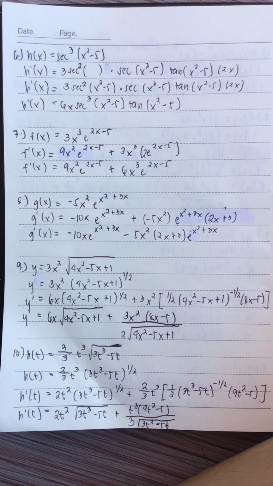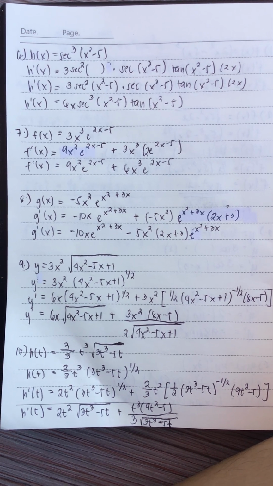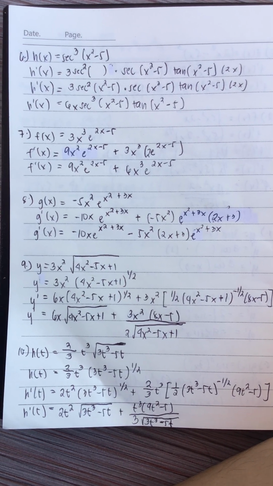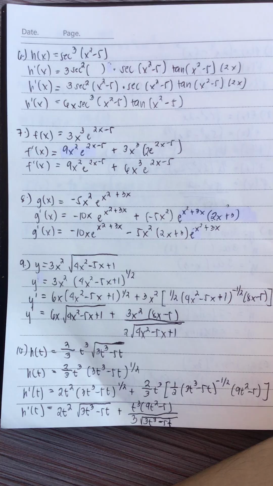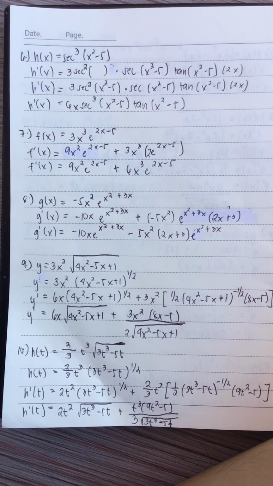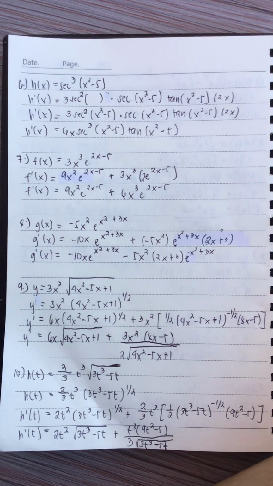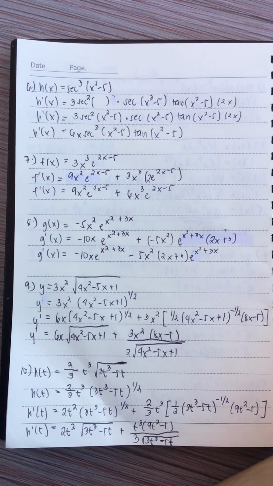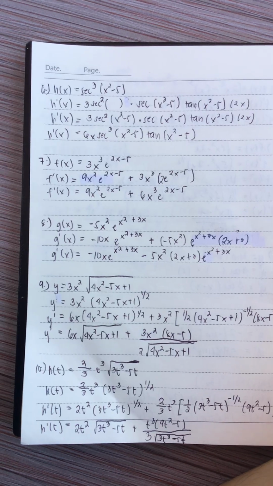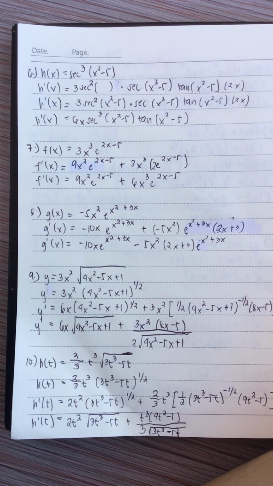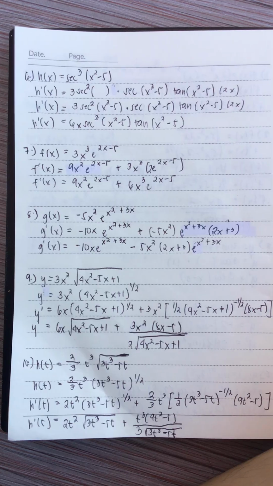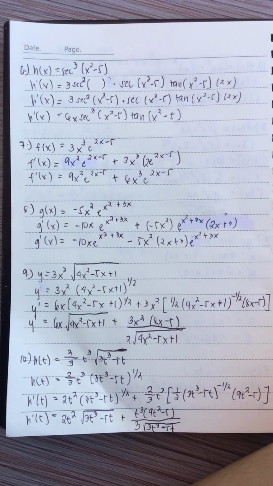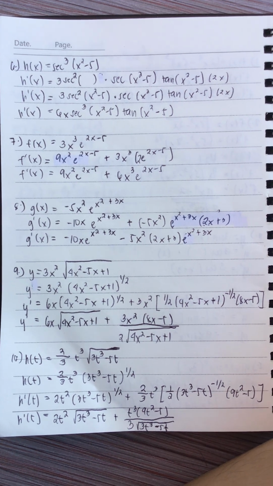So it became sec cubed times the quantity of x squared minus 5, and then tan of x squared minus 5. Therefore, our answer for this given function is 6x sec cubed times the quantity of x squared minus 5 times tan of the quantity of x squared minus 5.